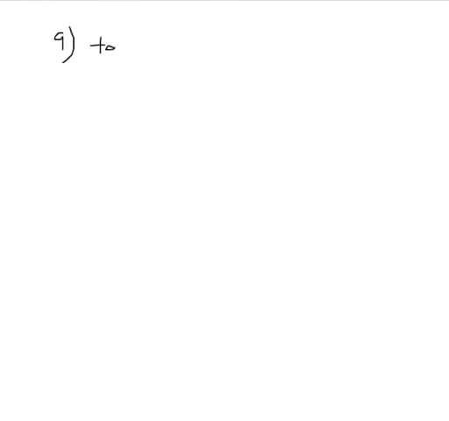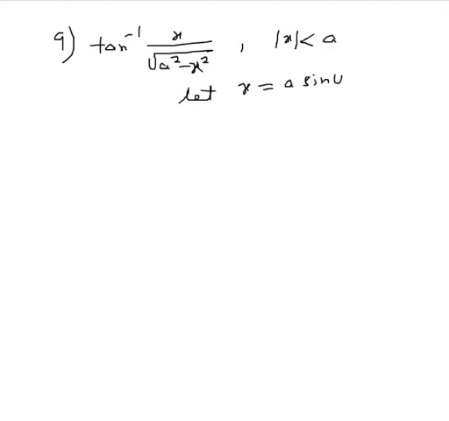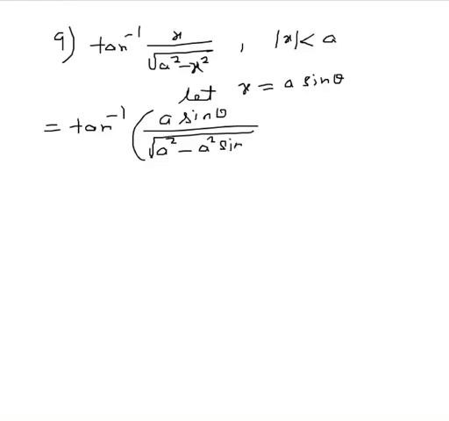Question 9. Tan inverse of x divided by root of a square minus x square, where absolute value of x is less than a. Let x be a sine theta. Therefore, the function becomes tan inverse of a sine theta divided by root of a square minus a square sine square theta.